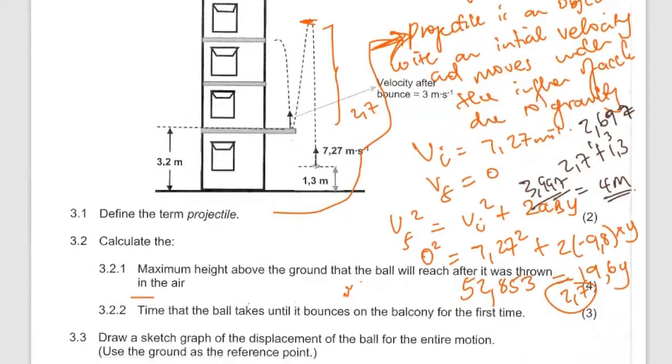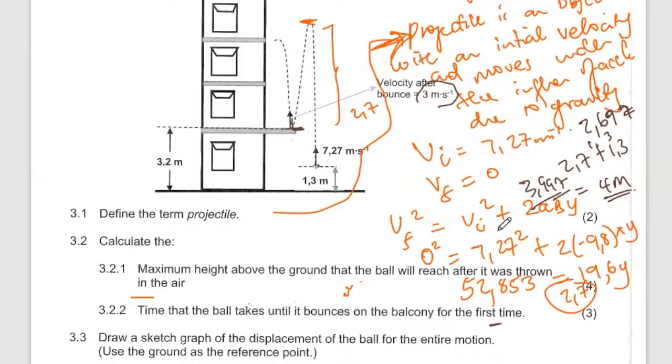Okay, then in 3.2.2, they want us to get the time it takes until it bounces off the balcony for the first time. So we know that it goes up, and then it bounces off with 3 meters per second. From the point of projection up until it bounces.